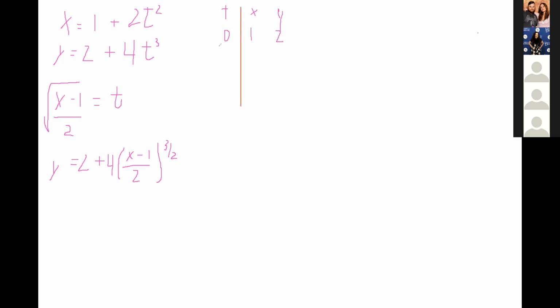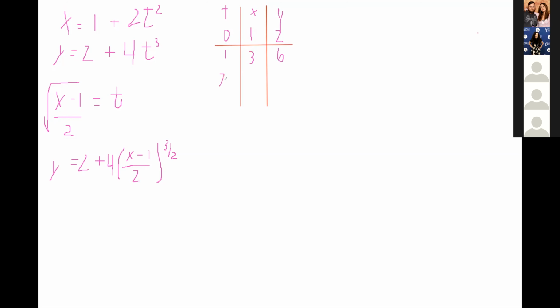When t equals 1, 1 plus 2 times 1 squared is 3, and y equals 2 plus 4 times 1 cubed equals 6.